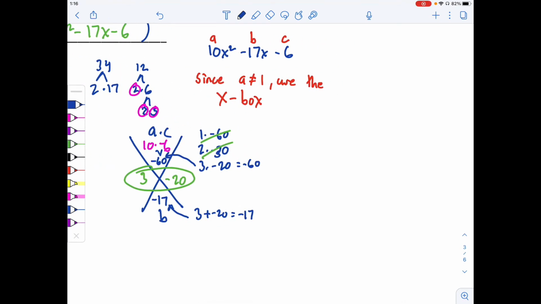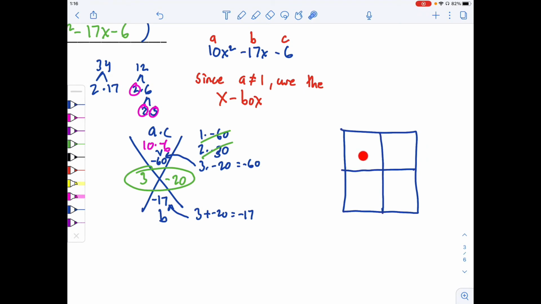All right, so we have our X, then we put it over to the box. We set up our box. And remember what goes in the first box, right? Our first term, so that's 10x squared. So we got 10x squared for our first term.